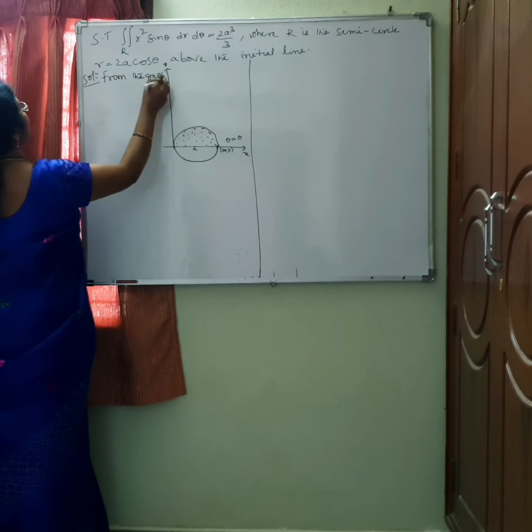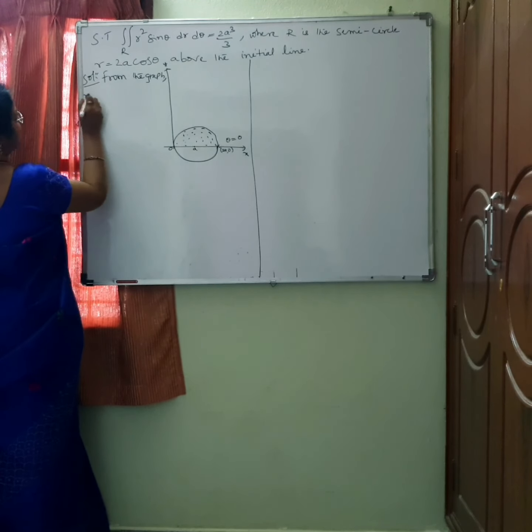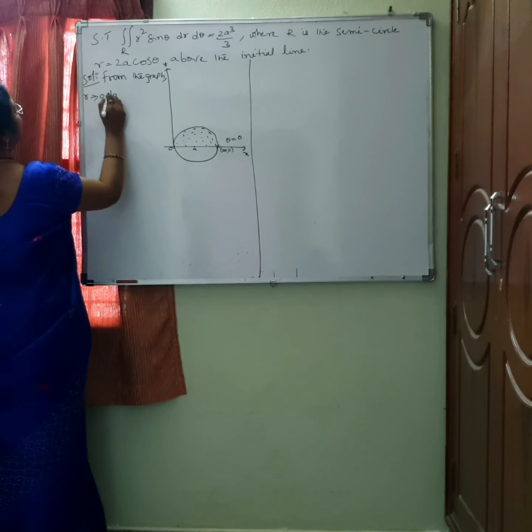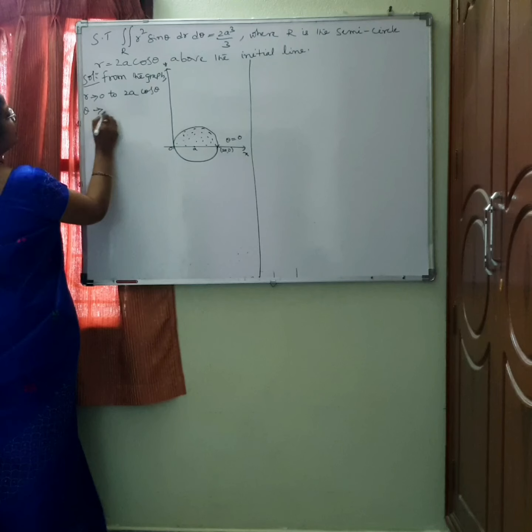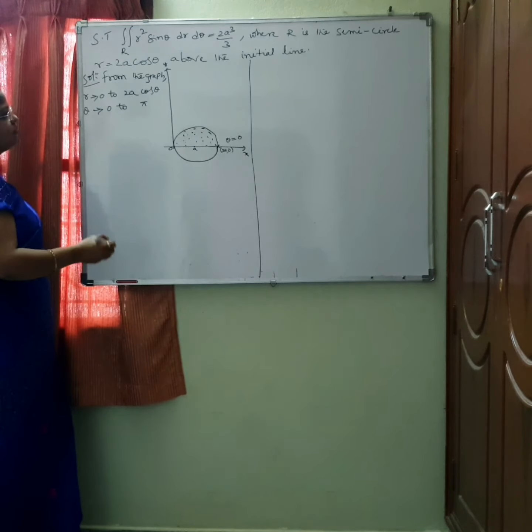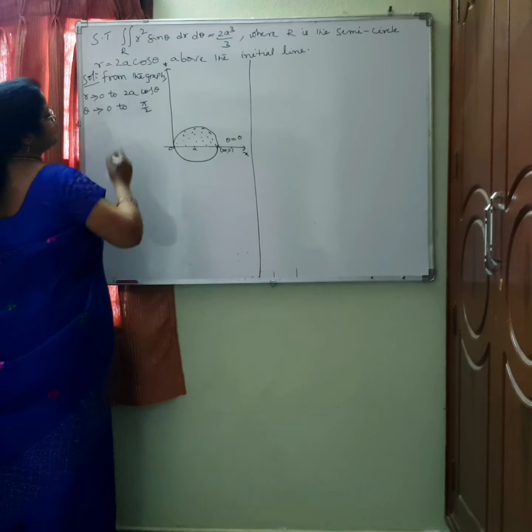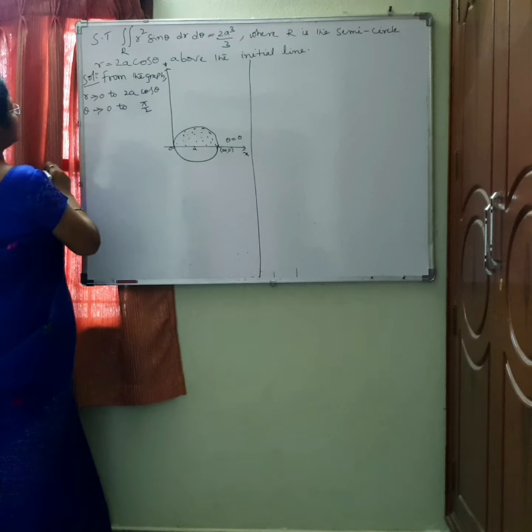This is the origin. r varies from 0 to 2a cos theta, and theta varies from 0 to above the initial line. The area is bounded only in the first quadrant of the plane, so theta varies from 0 to pi by 2.